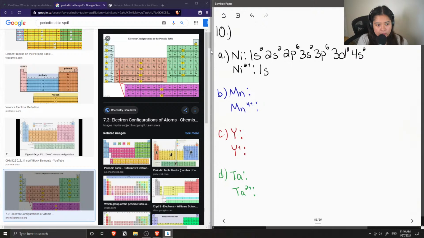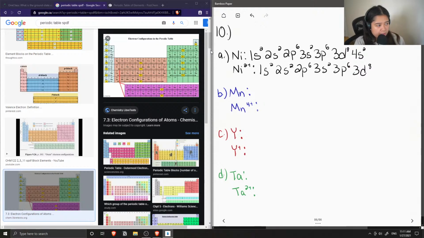So since 2 electrons got removed, they were removed from the 4s orbital. So now our new electron configuration looks the same, except the last two 4s2 electrons are now gone. Okay, so these are the electron configurations for nickel and nickel 2+.